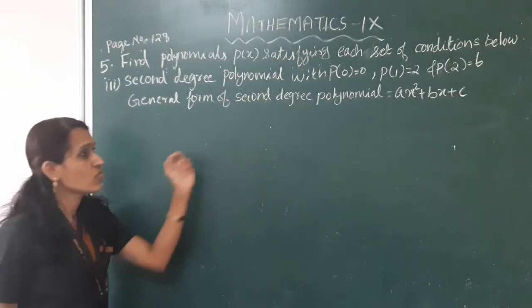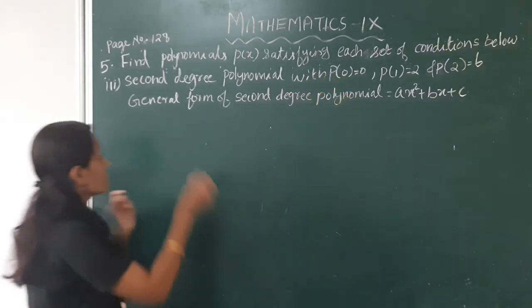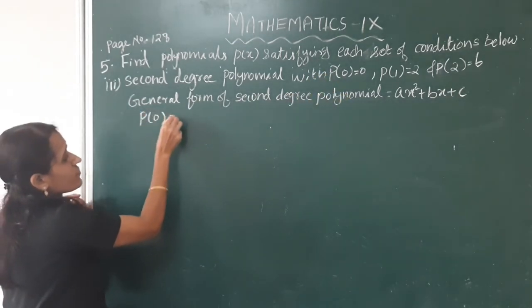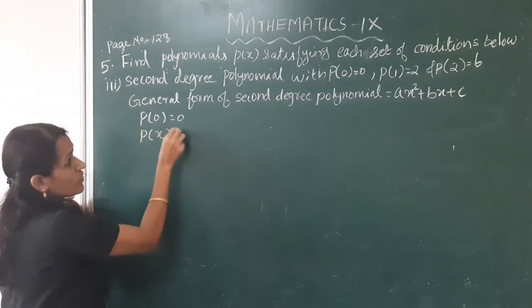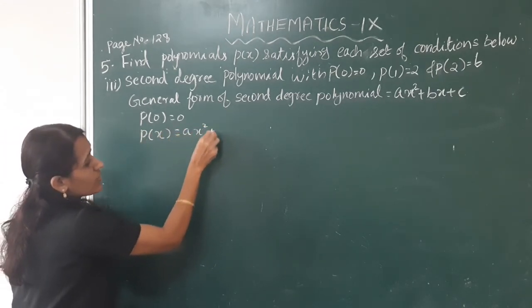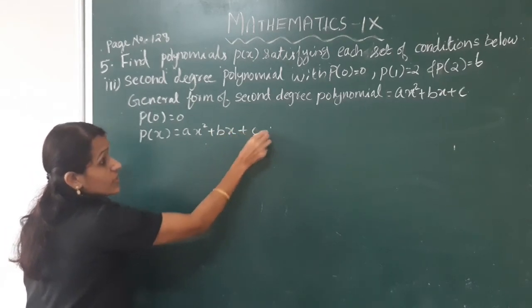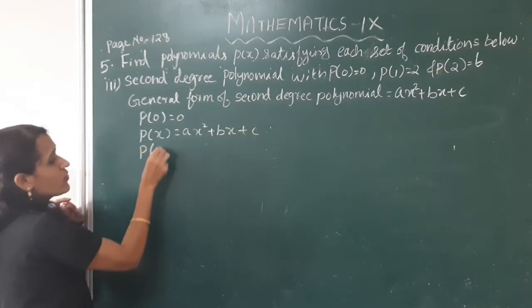Okay, here the first condition is p of 0 is equal to 0. P of x is equal to ax square plus bx plus c. Next we have to find p of 0.